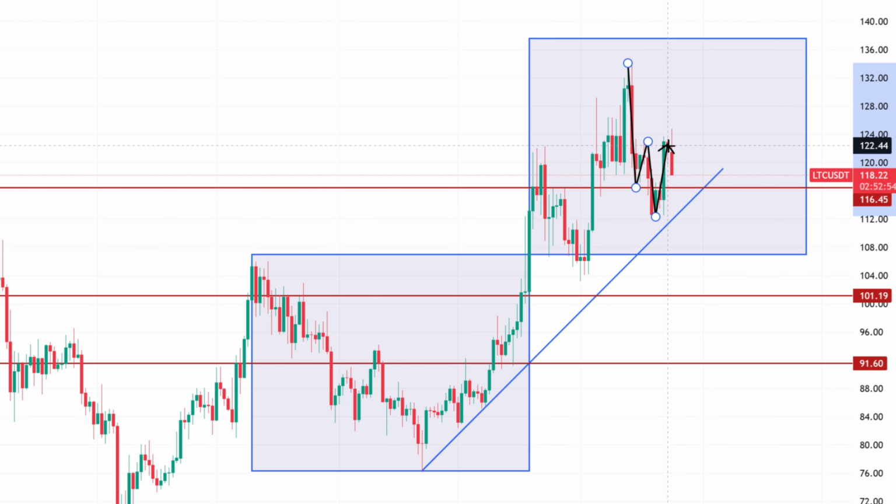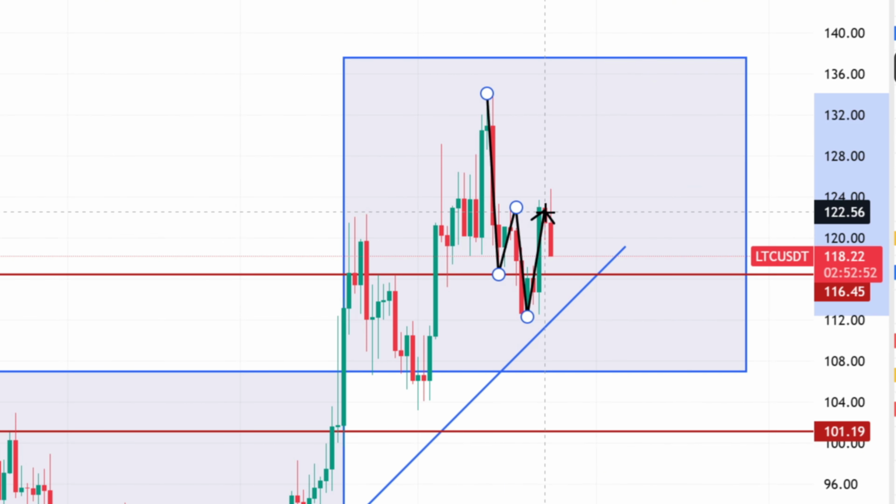So what we have looked for is a break of structure. This would have happened if we had a daily candle close above this recent high right here. You can see we got exactly to the level, closed below, and then made a little wick above, and currently it seems like we are dropping back to the downside.